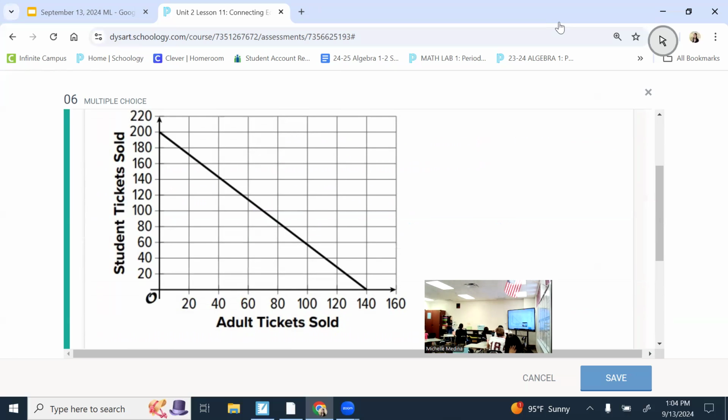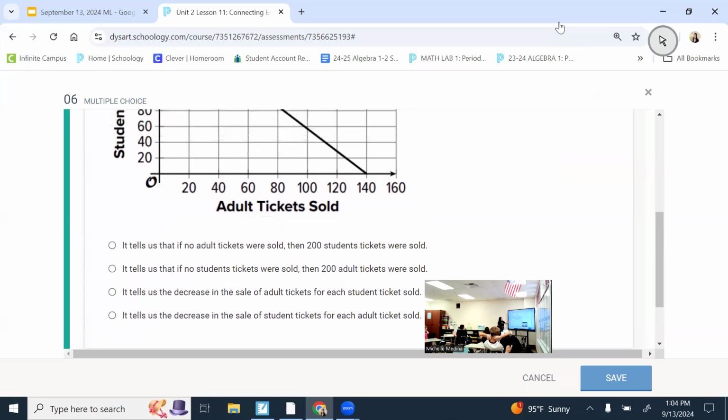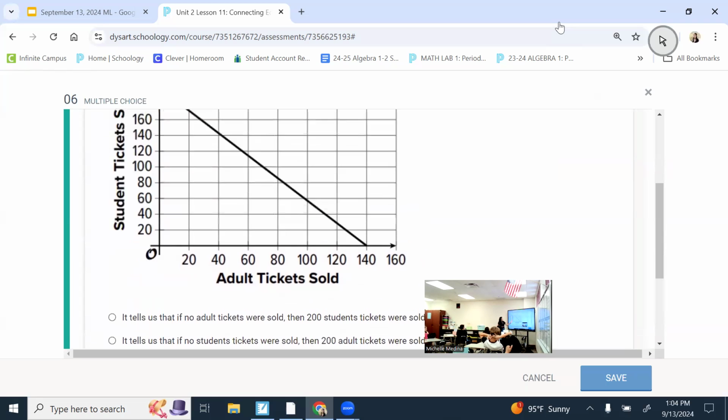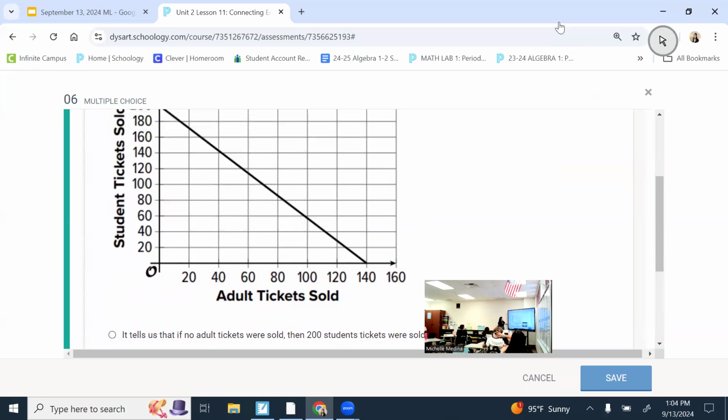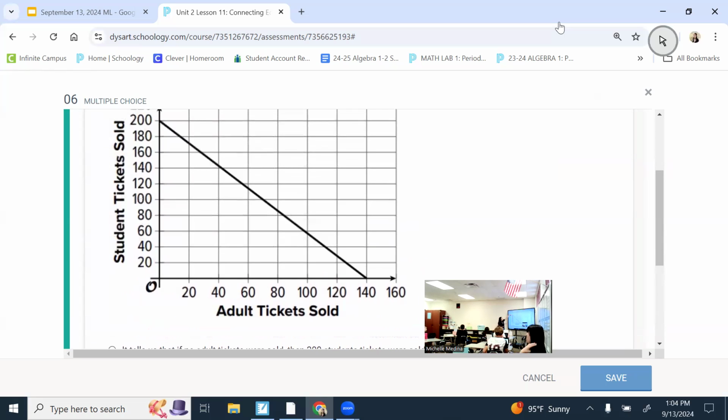So my y-intercept, which axis is my y-axis? So this one, and what does it say on it? So that is representing 200 student tickets sold when there are 0 adult tickets sold.